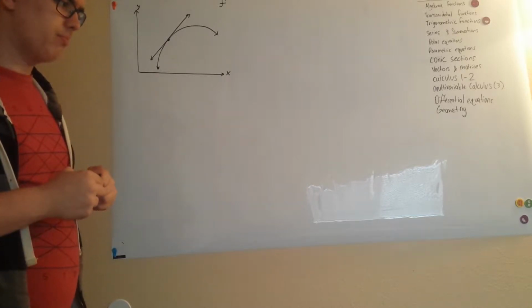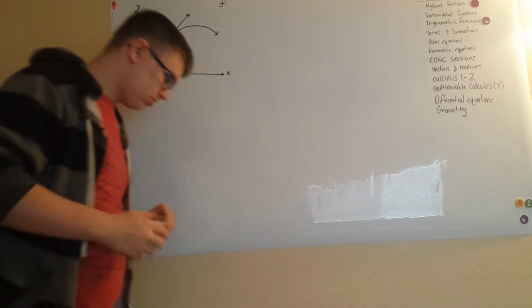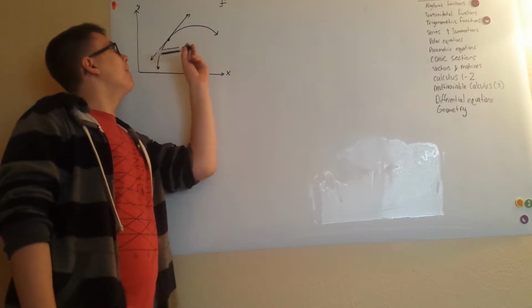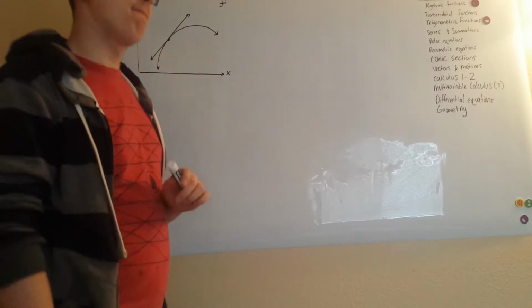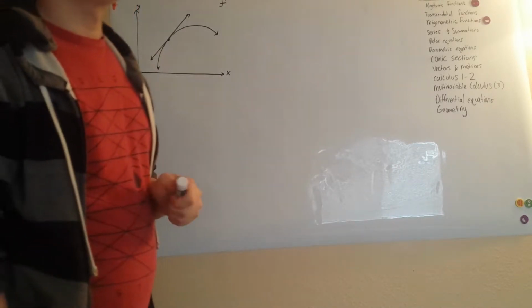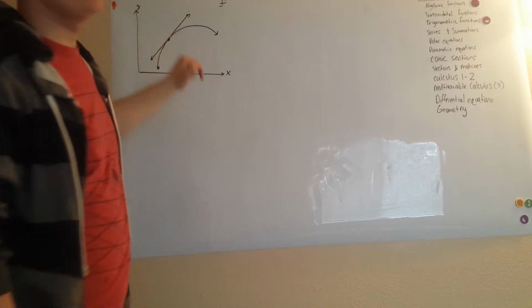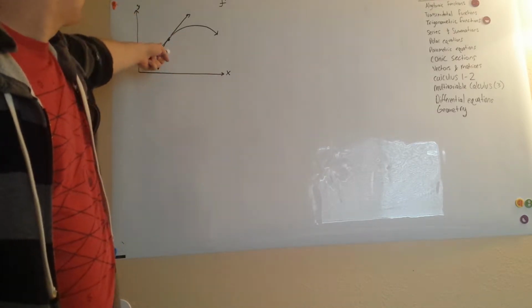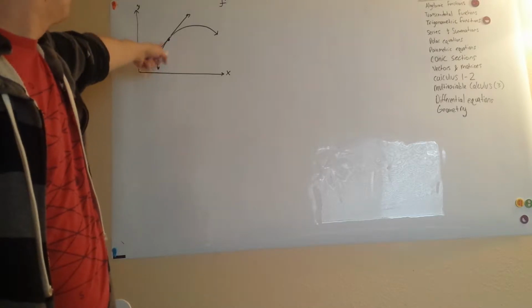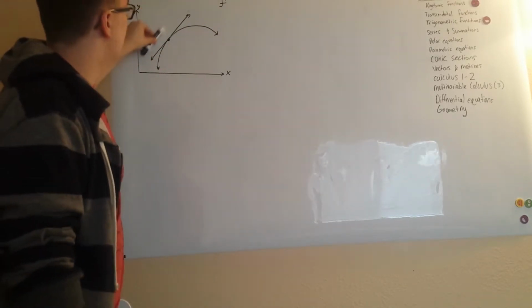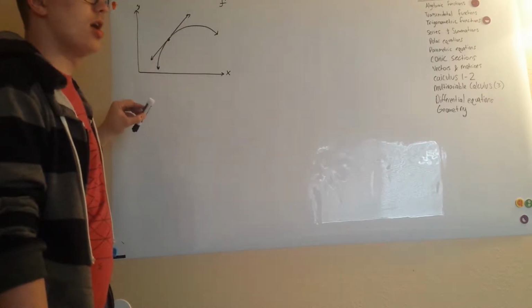Secant line. How do we get the slope of that? But the question is not the slope. Or really it is.